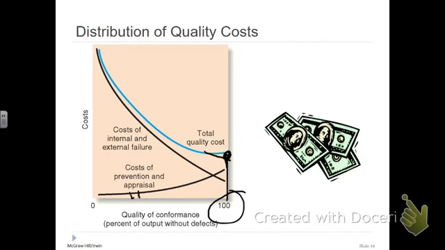As we spend more on appraisal and prevention, notice what happens to our internal and external failure costs. And you find graphs like that are very common, and what it basically says is it pays to spend the money on prevention and appraisal in reducing internal and external failure costs.